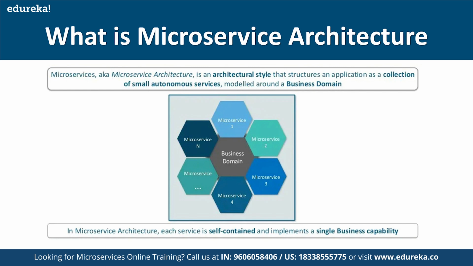Based on this diagram, each hexagonal shape represents an individual service component. Similar to the working of bees, each agile team builds an individual service component with the available frameworks and the chosen technology stack.